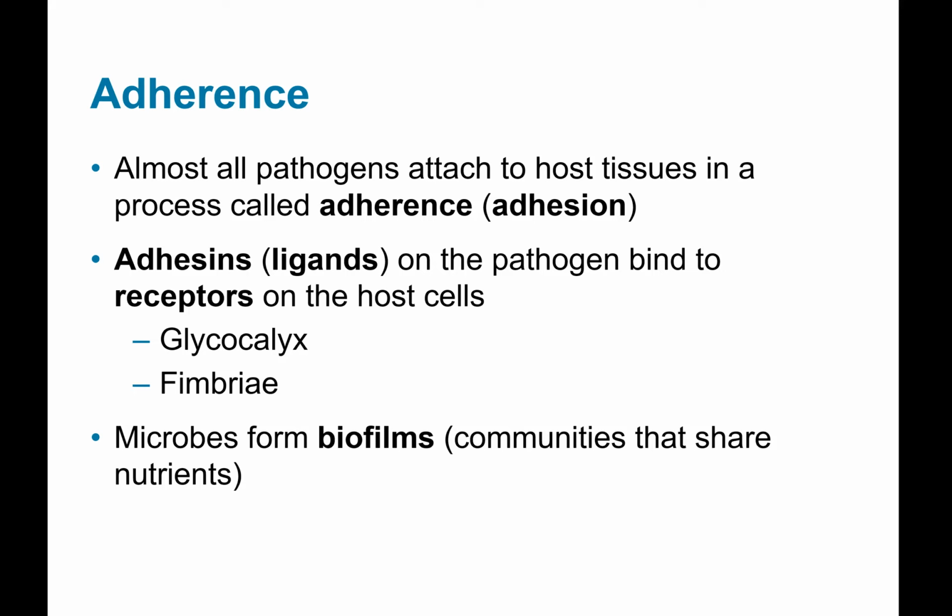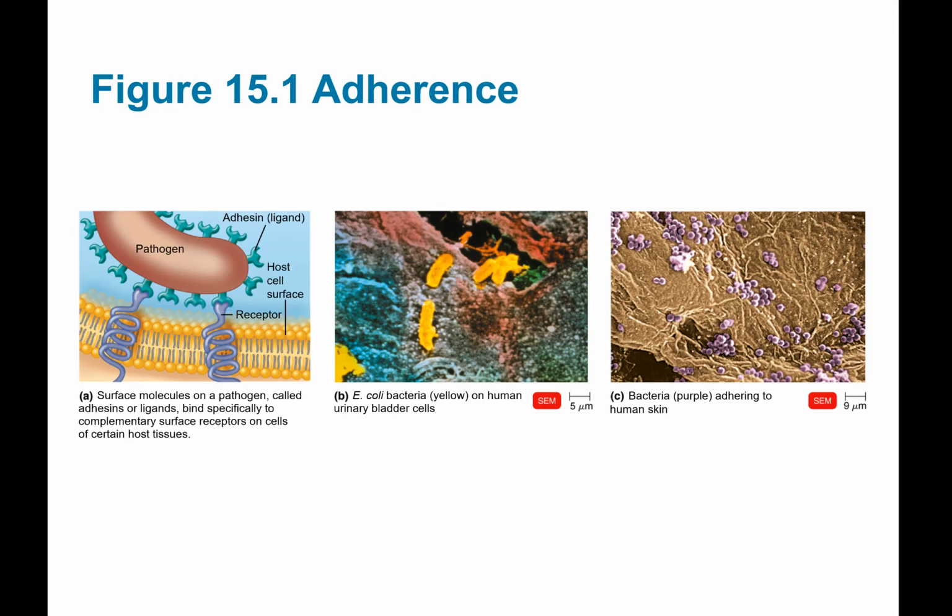Microbes have special things that help them attach, and these can also be considered virulence factors, because they're involved in the microbe being able to cause disease to us. So you've got the glycocalyx, which we talked about before, which could be in the form of a capsule or a slime layer. Fimbriae, and biofilm formation in itself is definitely a virulence factor and is involved in attachment of microbes.